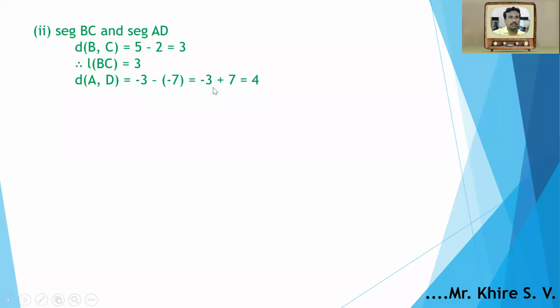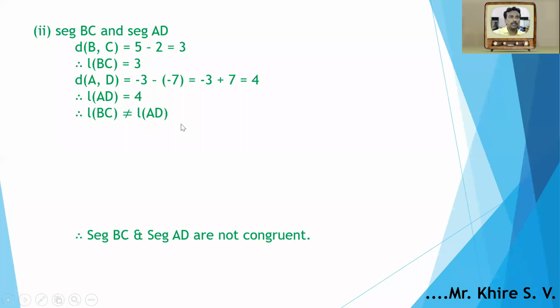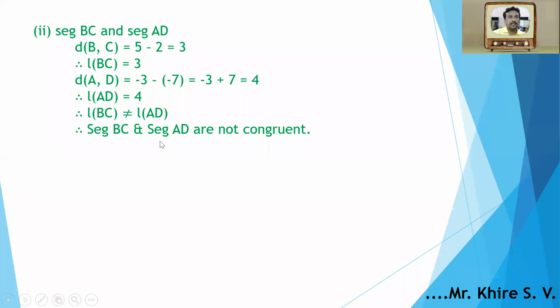Minus minus becomes plus. Minus 3 plus 7 is equal to 4. Therefore length AD is equal to 4. Now 3 is not equal to 4. Therefore length BC is not equal to length AD, and therefore we can say that segment BC and segment AD are not congruent.